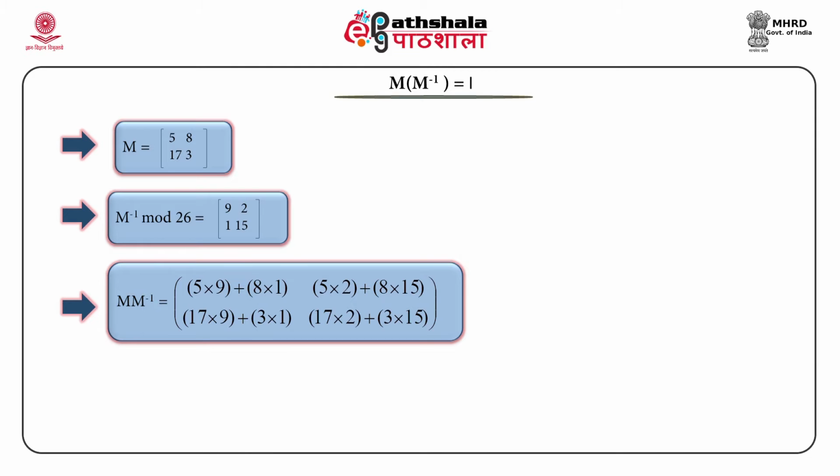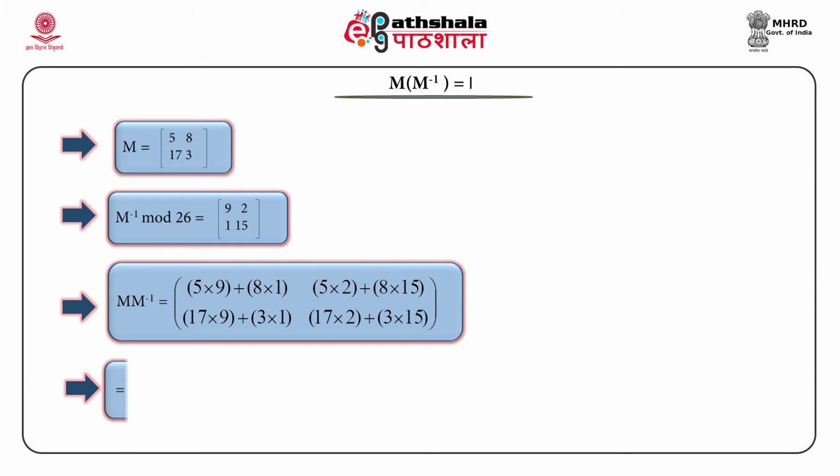The row will be multiplied with columns. First row of M would be multiplied with the first column of M inverse. The second row would be multiplied with the second column of M inverse. Then comes second row with first column and second row with second column. So now we have got 4 elements back.